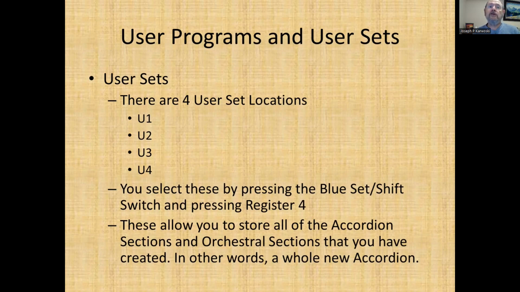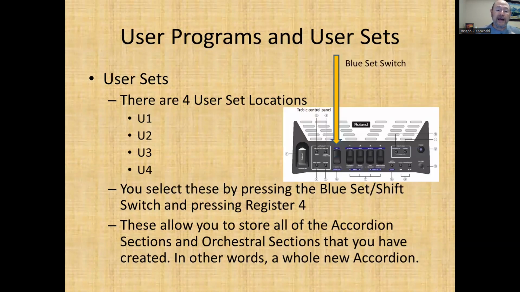4 of those you get to program. So you get to make these sets, and we're going to make one of those sets today. Now, how do you get there? You select these by pressing the blue set or shift switch and then pressing register 4. If you don't know where that is, the set switch is right here. You press that and then you press 4.